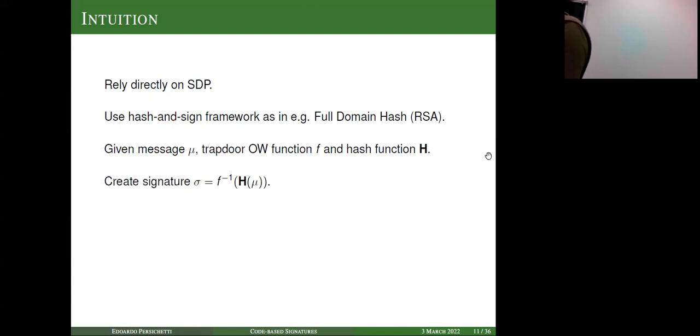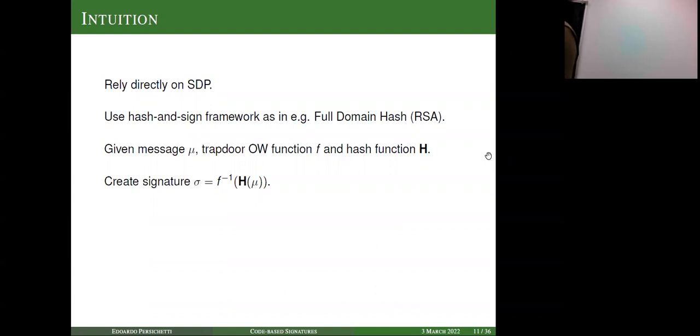I create the signature by hashing the message. So first I take the message and I hash it. This is both for practicality reasons, to bring my message into the format it needs to be in to apply the trapdoor, but also for security reasons, because otherwise it's easy to forge. And so the signature is just: I apply the trapdoor to the hash of the message.